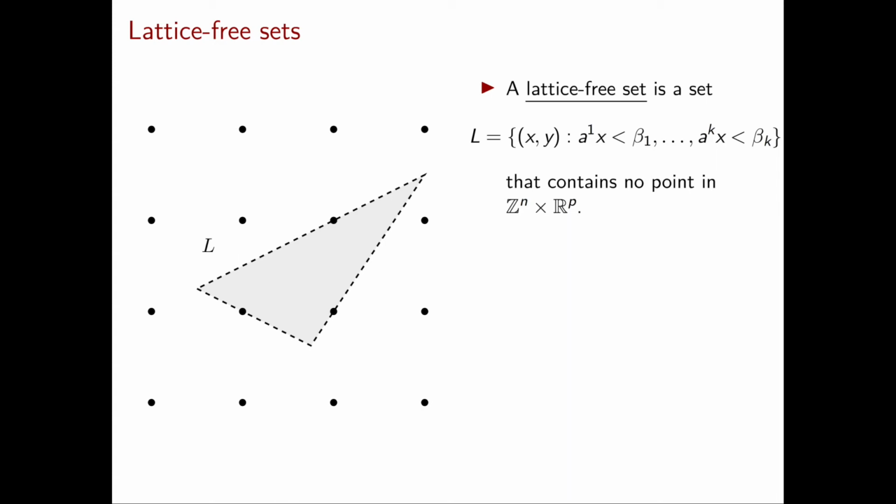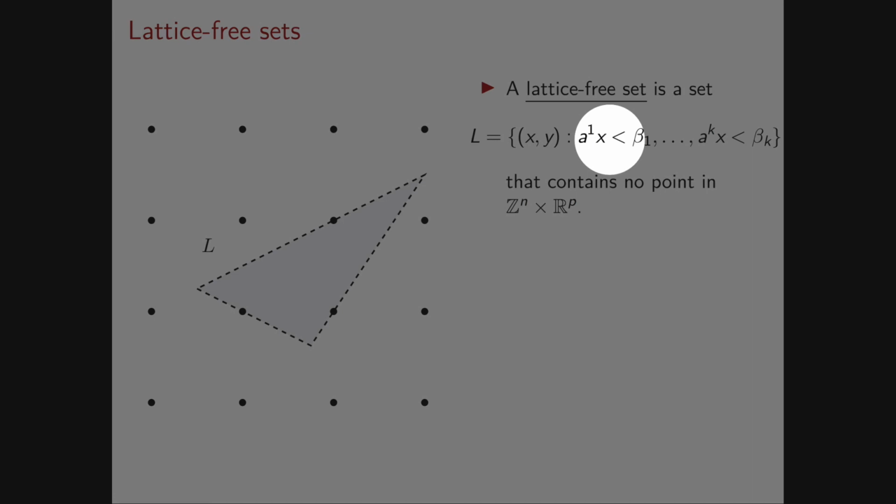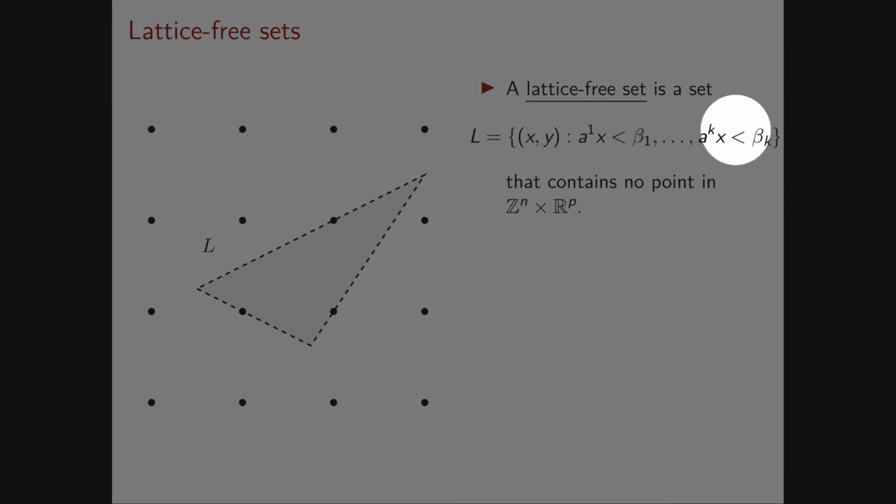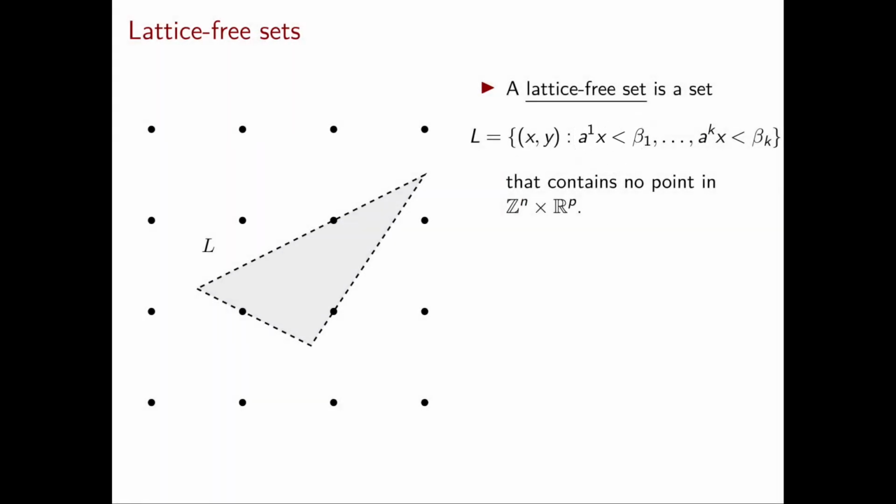Lattice-free sets are very similar to split sets. They are sets defined by strict linear inequalities in the X space such that they don't contain any point which is mixed integer. So the definition is very similar to that of a split. The only difference is that in the case of splits, we only have two inequalities with a very specific structure.